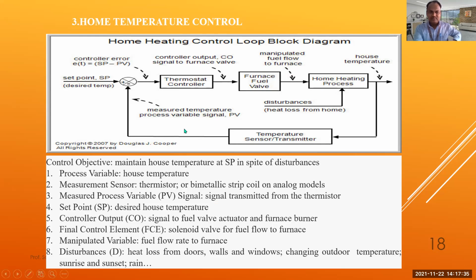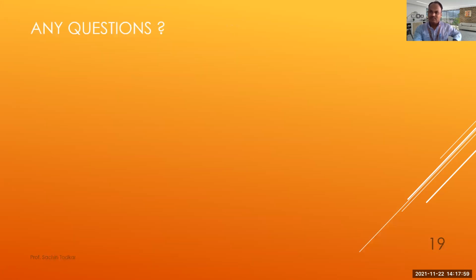So the feedback will be the measured temperature, the process variable signal. The temperature sensor will measure the temperature of that particular home and it will regulate the thermostat or furnaces or home heating systems. So that is the additional benefit of mechatronics control systems, that is, the feedback loop systems.